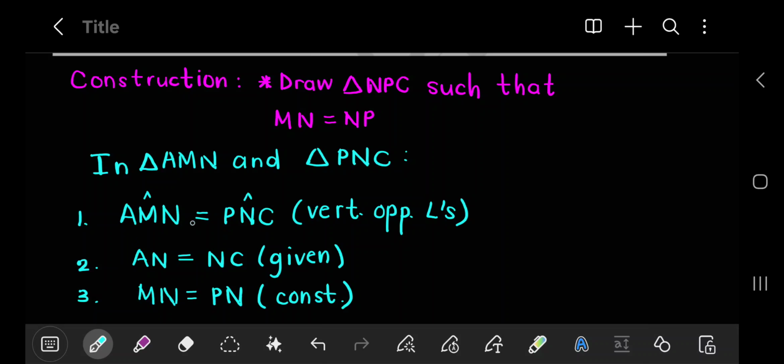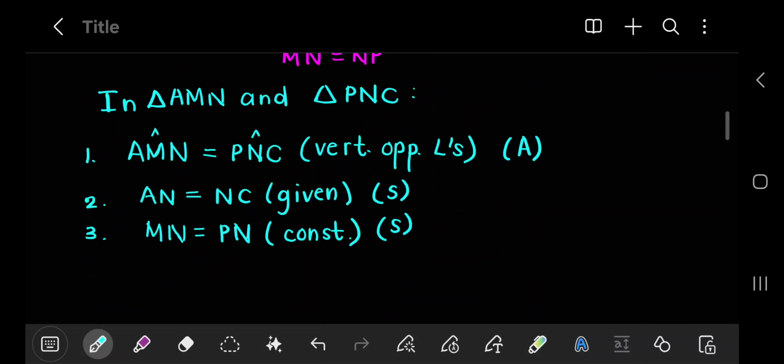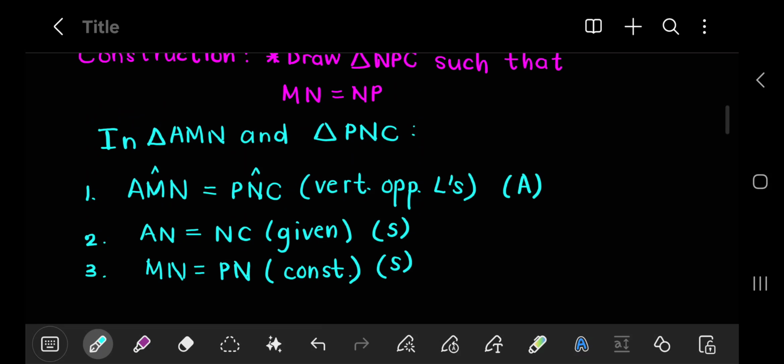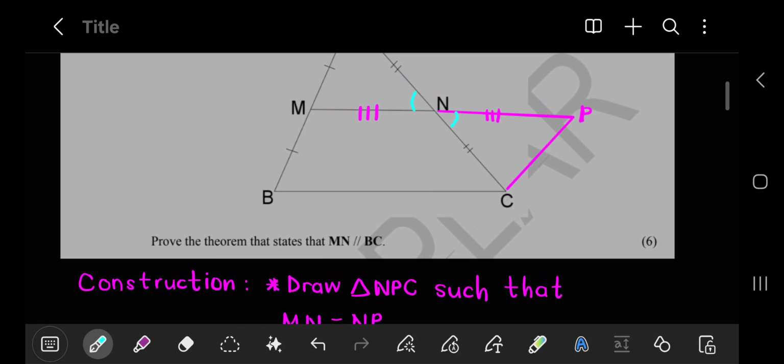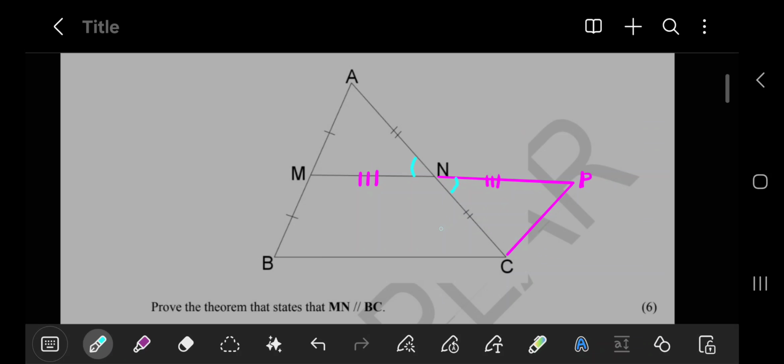Now you guys notice that you've got an angle, side, and a side, but when it comes to congruency, there are specific ways in which the letters are written. So we cannot go with angle, side, side, but we can go with side, angle, side. Now why does that make sense? If you look at your diagram, this angle is between two sides.